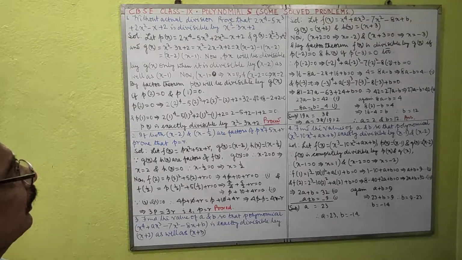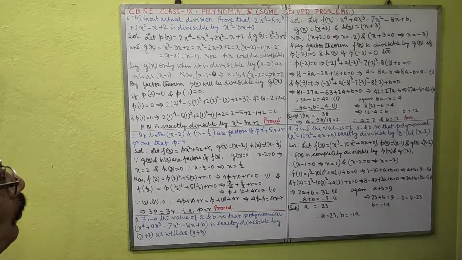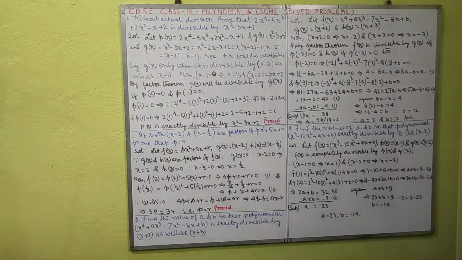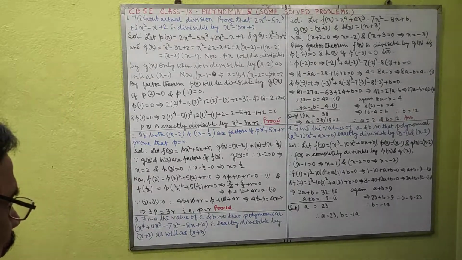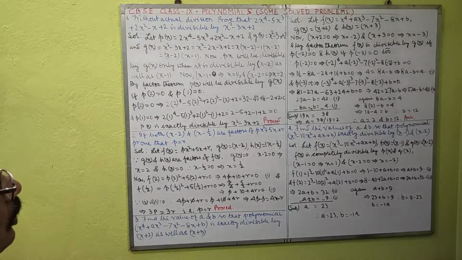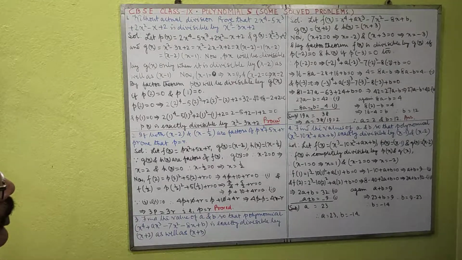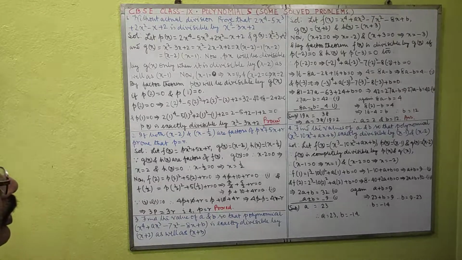The solution: let f(x) = x⁴ + ax³ − 7x² − 8x + b, and g(x) = x + 2, also h(x) = x + 3. Now x + 2 is a factor, so x + 2 = 0 or x = −2. Similarly x + 3 = 0 and x = −3.